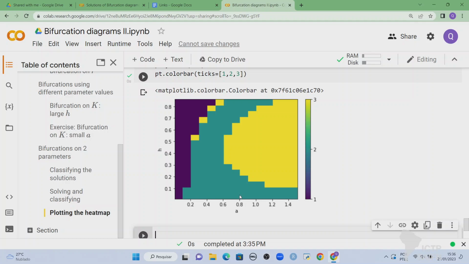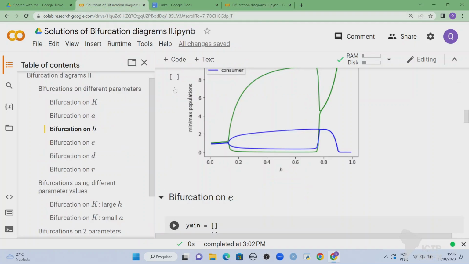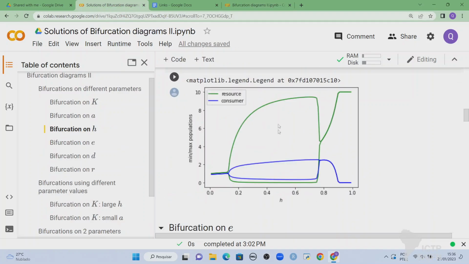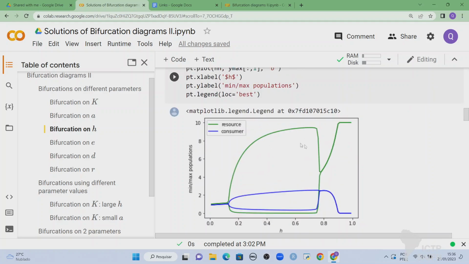But as I increase A, it's harder to reach extinction, you need a much higher value of H to have extinction, should be here, this region of extinction. And now I have a large region of oscillations for many values of H, right? So essentially, this part in yellow over here corresponds to the belly of the bifurcation diagram on H, okay? And I see that as I increase the value of A, I increase this belly in this plot here.